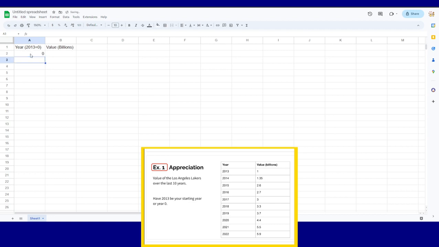So I'm going to put in my years 0, 1, 2, 3, 4, 5, 6, 7, 8, 9, might be 10 values. I'm going to enter in my data. Again, this is right from the notes. I'm not finding anything. I'm not calculating anything. 1 billion in the year 2013, 1.35, 2.6, 2.7, 2.6, 2.7, 3, 3.3, 3.7.